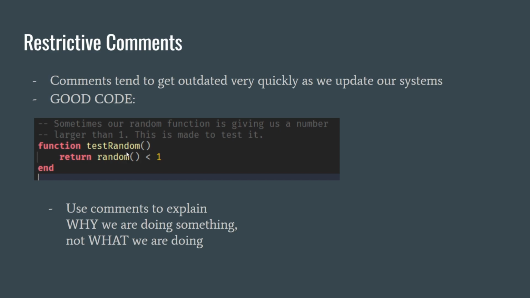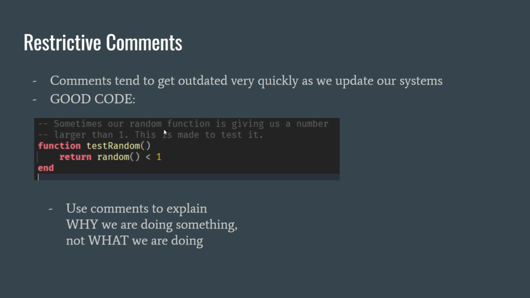So if you gave me this code, I'll see a test random, and I'll be like, okay, so it returns if this function is less than 1. And then if you have a comment here that's explaining it, then I'll be like, oh, that's why you have this function. I don't want a comment here that says it returns if random is less than 1, right? So this comment here, it's actually explaining why we even wrote this.